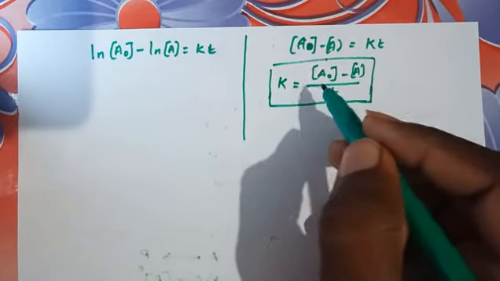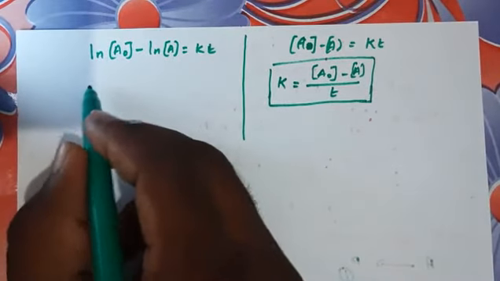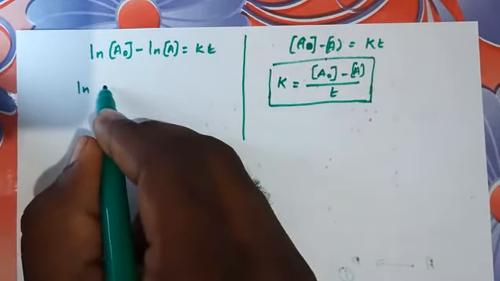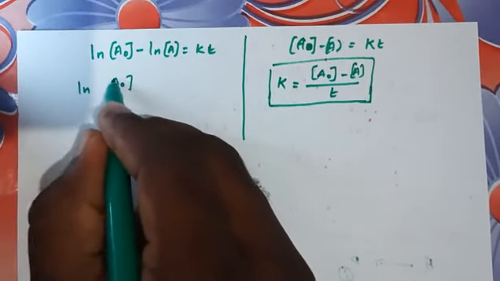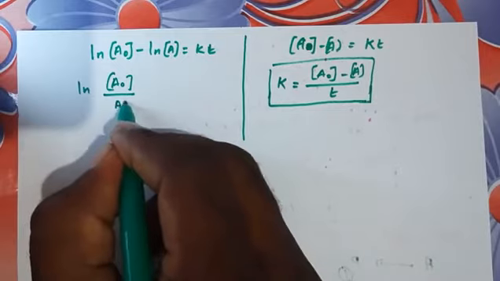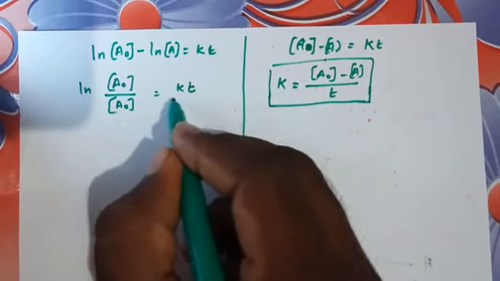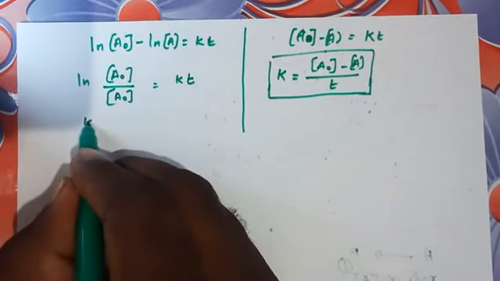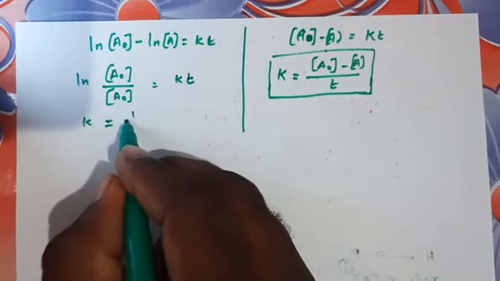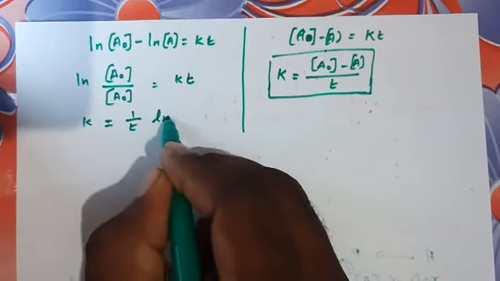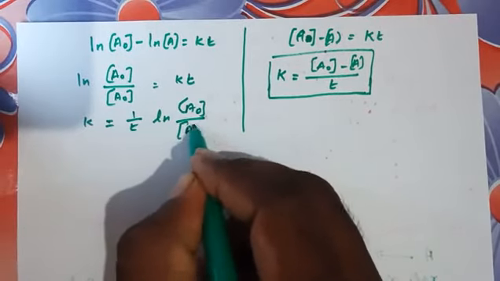In the same way, taking ln common, ln A0 concentration divided by A concentration is equal to Kt. Just shifting t to the left hand side, we get K is equal to 1 by t into ln of A0 concentration divided by A concentration.